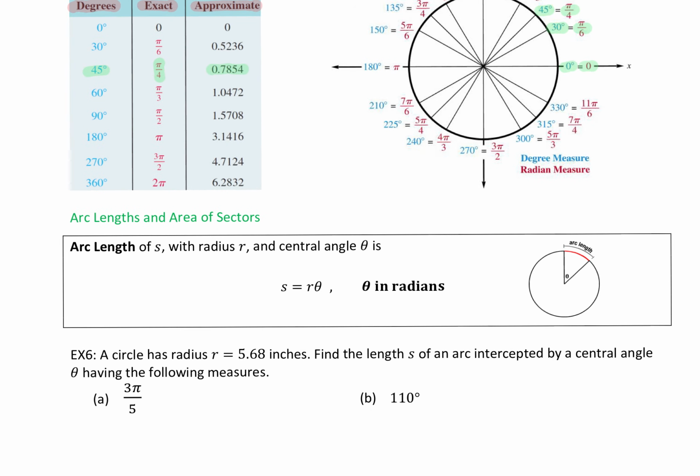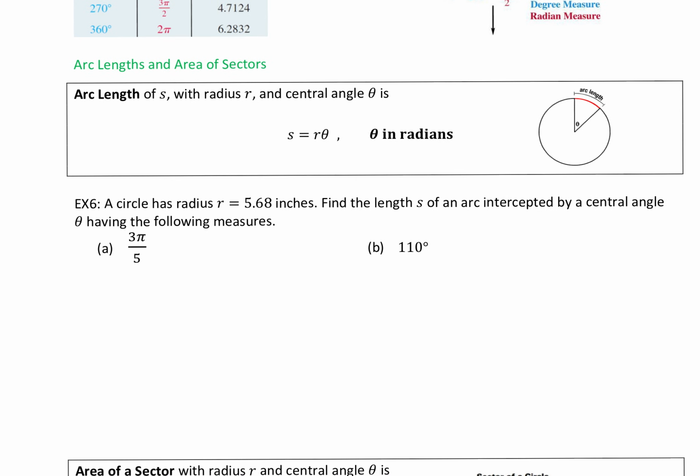The next thing we're going to talk about is how we measure arc length and area of sectors. Remember, the arc length is just the distance along a circle, but it doesn't have to be all the way around the circle. It can just be a portion.